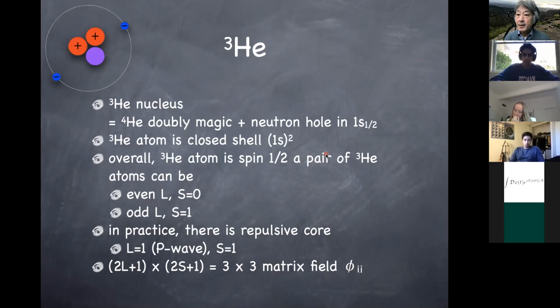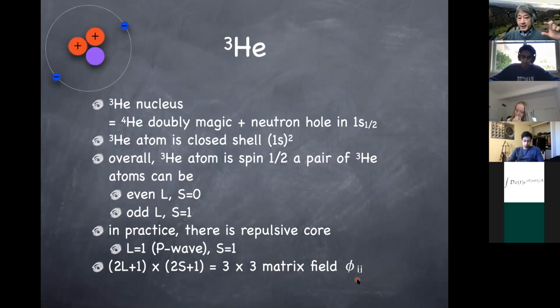What would the components of this matrix be? Would that just be like the label of L and S together? That's right. L equal 1 means LZ can be 1, 0, minus 1. S equal 1 also means SZ can be 1, 0, minus 1. So out of this 3x3 matrix, you'll find LZ1 SZ1, LZ1 SZ0, LZ1 SZ minus 1.